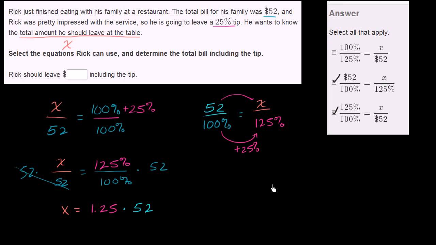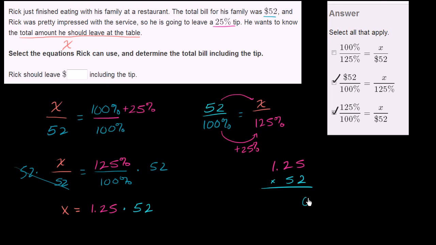And then I can just multiply that. Let me just multiply that, I don't want to make a mistake here. So 1.25 times 52.